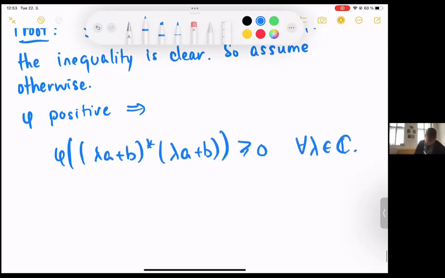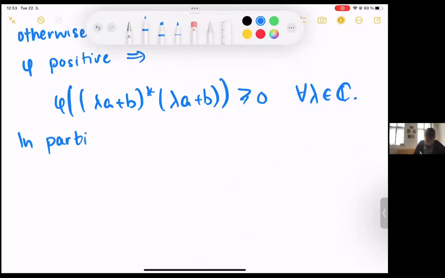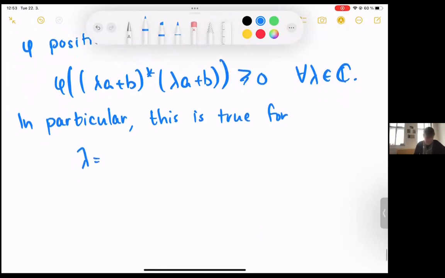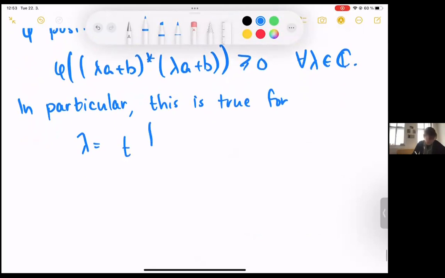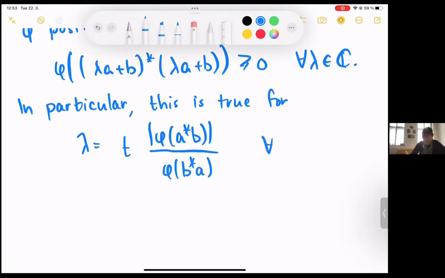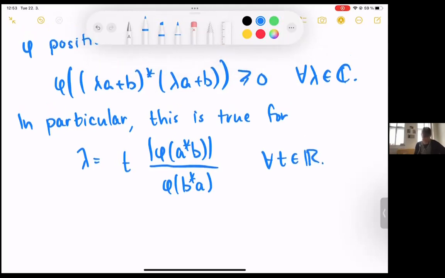Now, in particular, this is true for lambda equal to T times phi of A star B absolute value over phi of B star A, and that's for any real number T. So we want to plug in this lambda into here and expand it out.